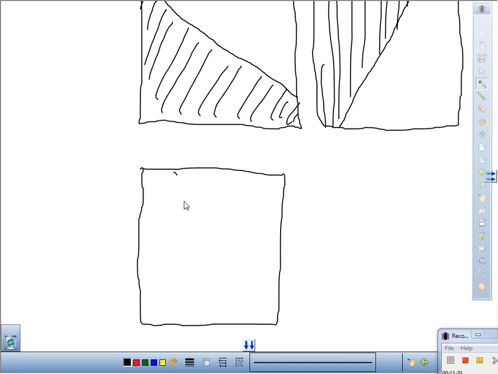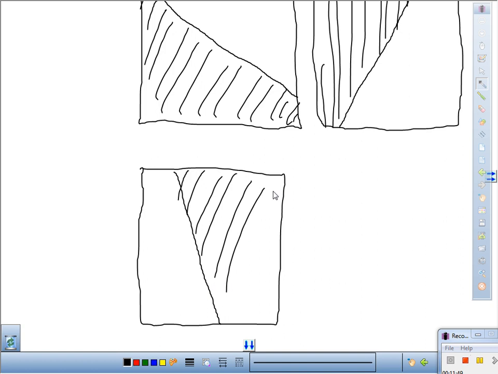Let's do one like this. So if we're going from left to right, what side is above? The right. So I want you to shade above. Do you understand what we're doing? I'm saying, do you see what we're shading only?